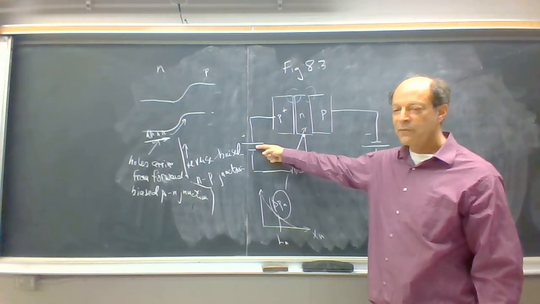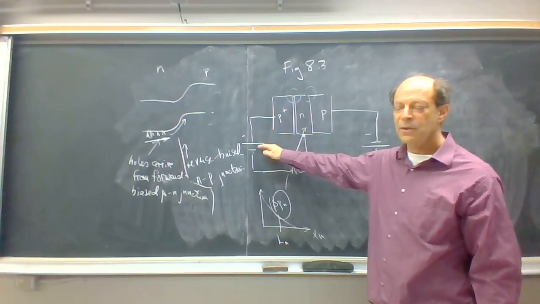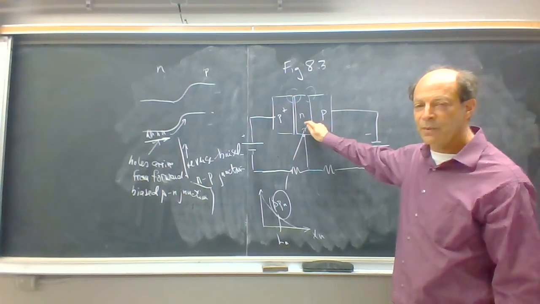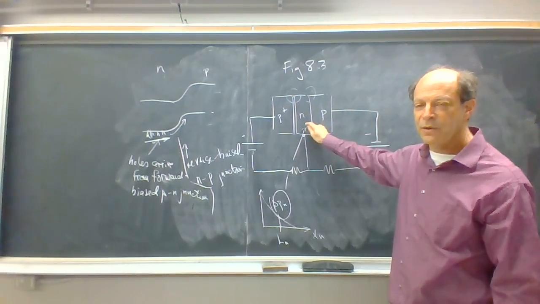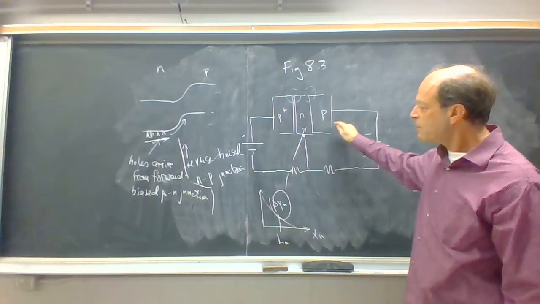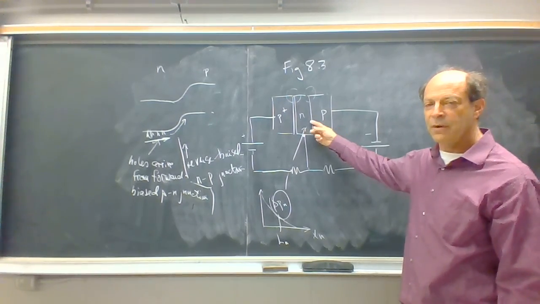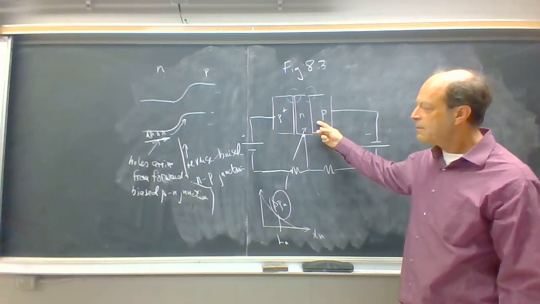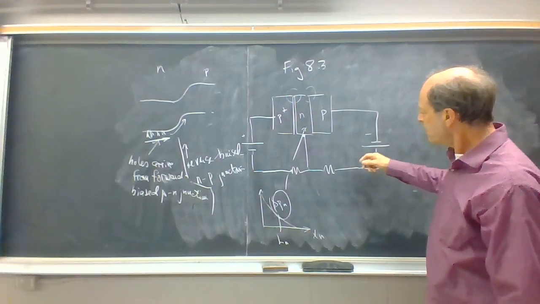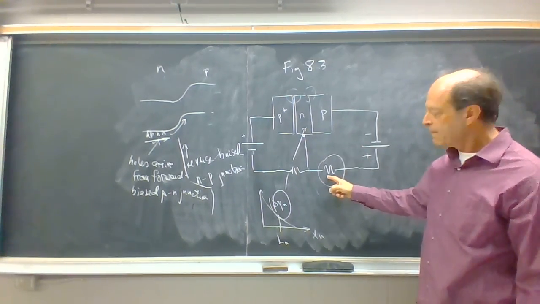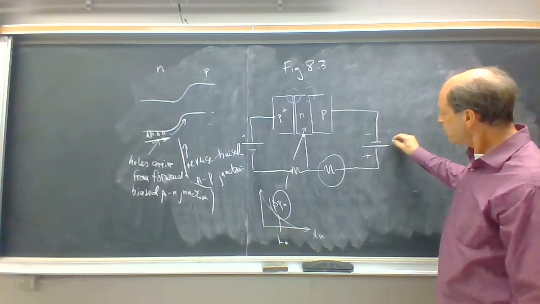So only a fraction of a volt of variation in this voltage causes many orders of magnitude change in the excess minority carrier concentration in this region, which can then cause many orders of magnitude change in the electric current flowing through this reverse bias junction, which can then cause many volts to show up across this resistor, because it all depends on the voltage you put here.